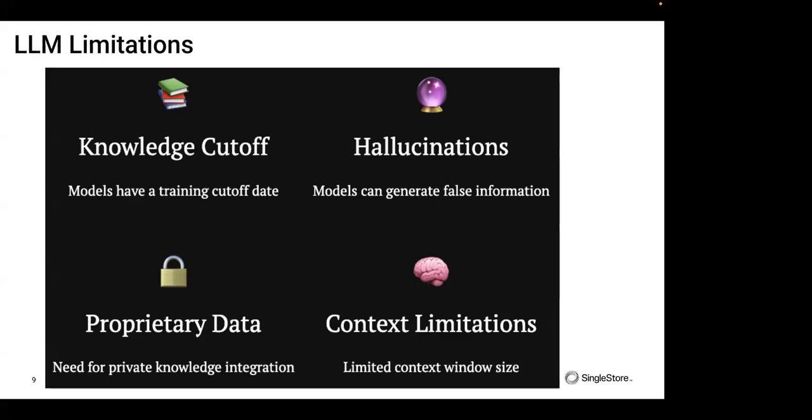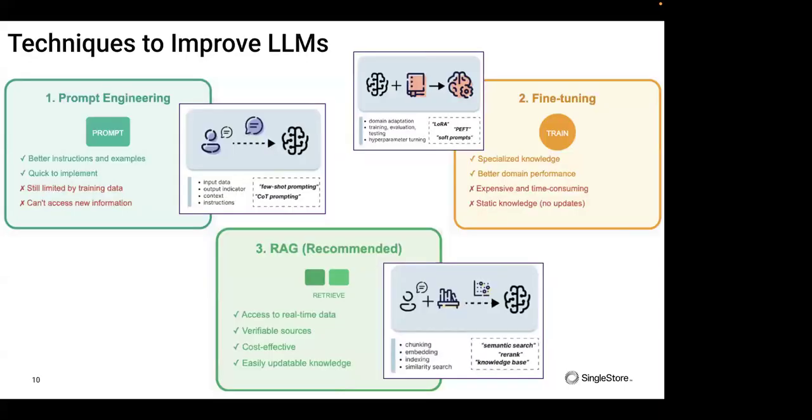So these are some of the limitations, and these are the techniques to improve LLMs, basically to reduce the hallucinations of LLMs. One is prompt engineering, which is nothing but the art and science of talking to your LLMs. It all starts with the user query. Like, there are few-shot prompting, COT, chain of thought. You might have seen it in LangChain, right?